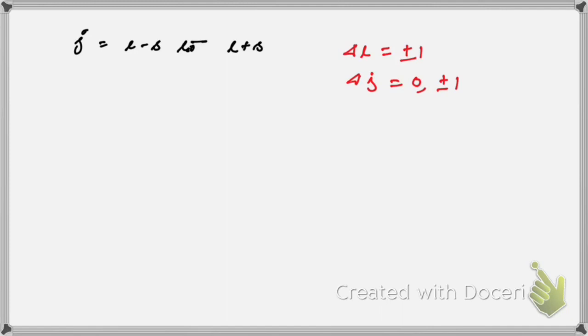And for alkali metals, there is only one electron in the outermost shell, which is the optical electron, and for one electron the value of small s is always half.